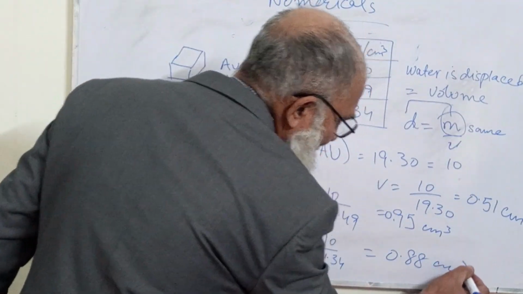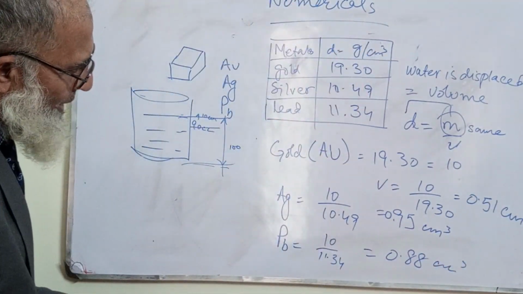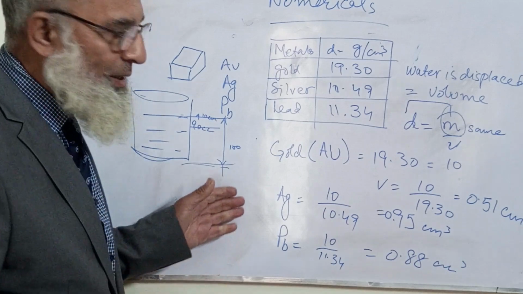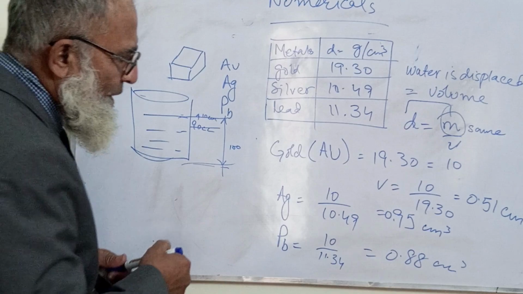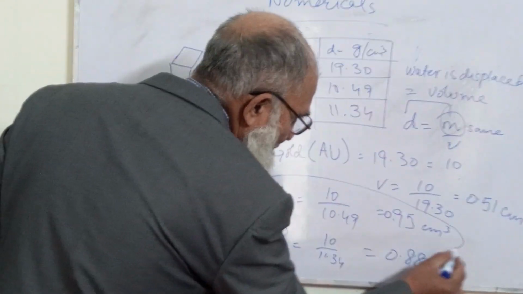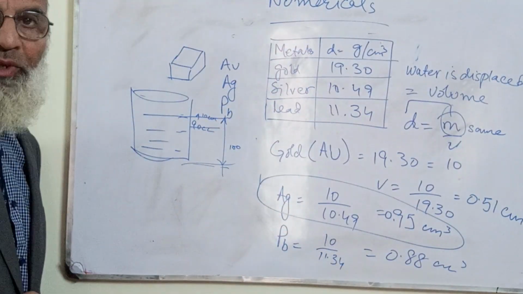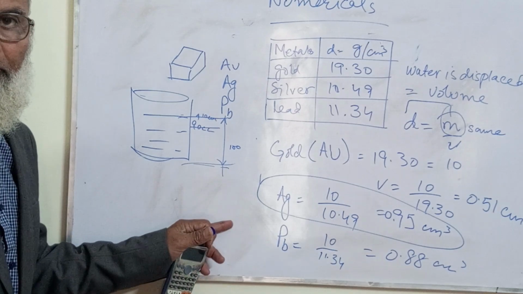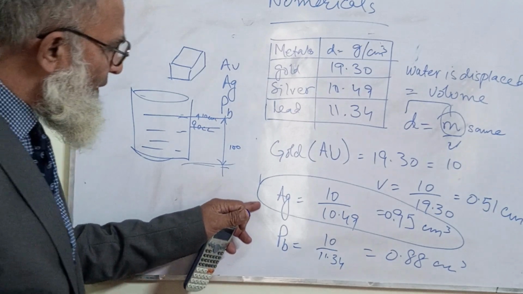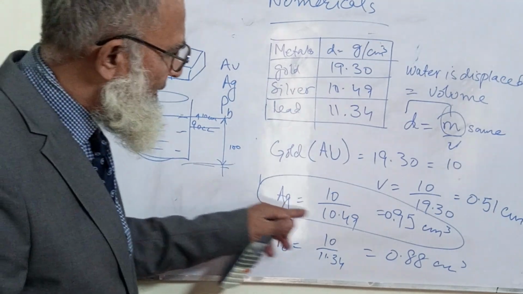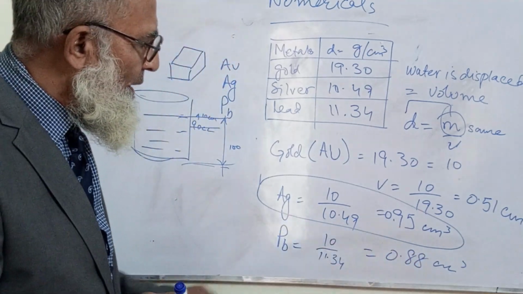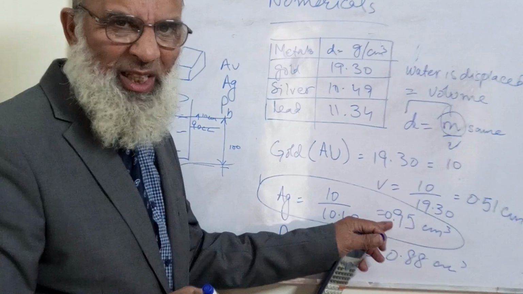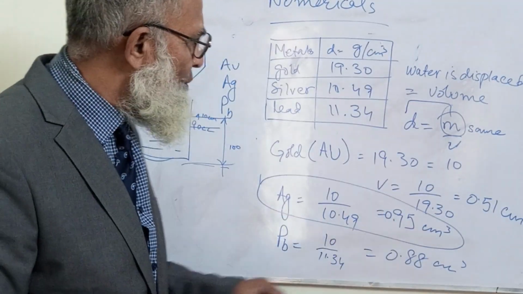Now you see, my dear students, which is the greatest volume? This has the greatest volume, which is silver, Ag, argentum. Silver has the greatest volume, almost 0.95 centimeter cube.